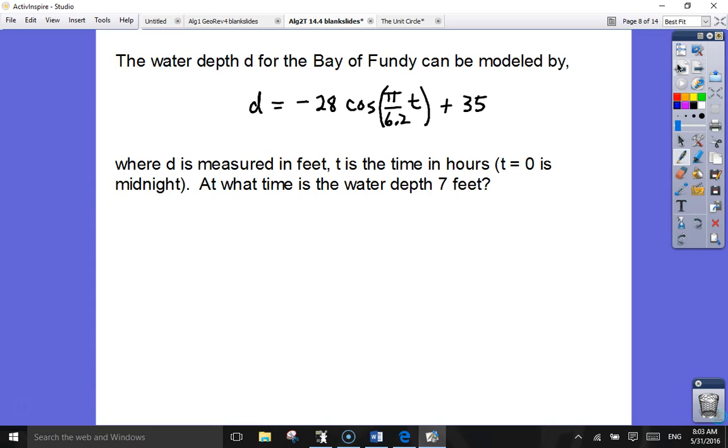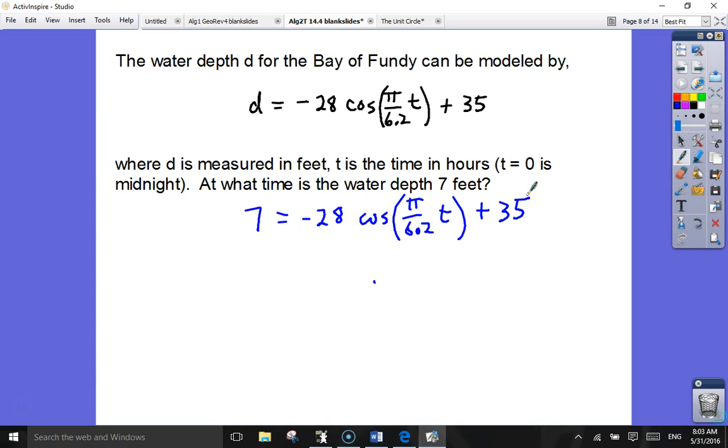Plug it in for D. It's a depth, right? So we're going to plug that 7 in right there. So here's the equation we're going to try to solve: 7 equals negative 28 cosine of pi over 6.2 times t plus 35.